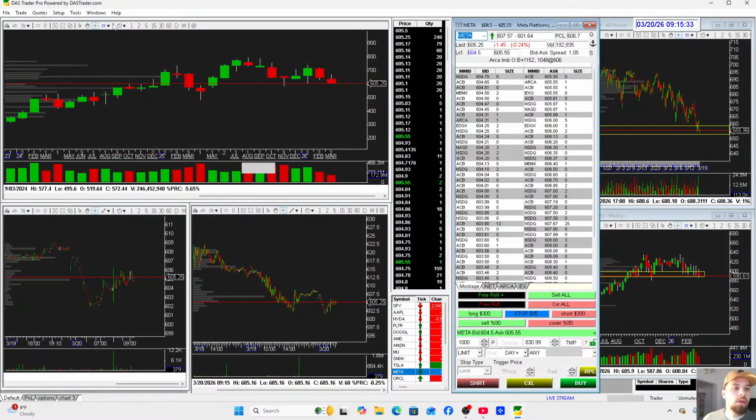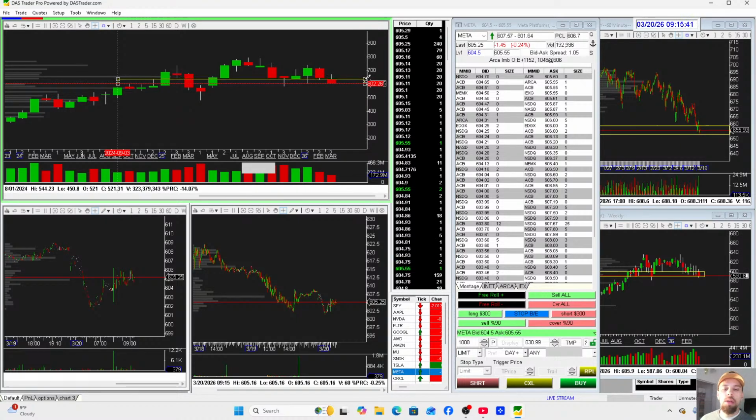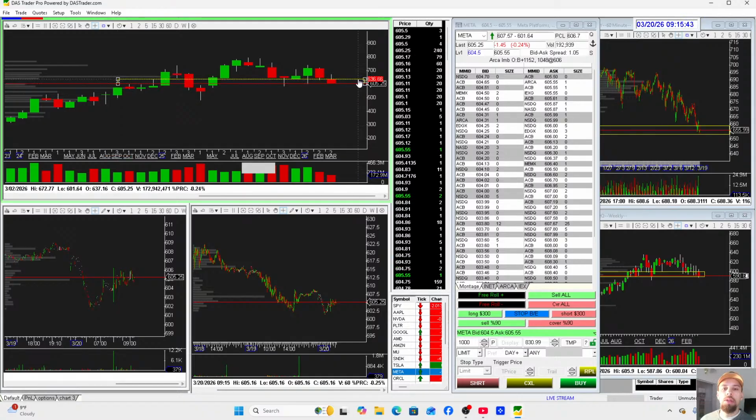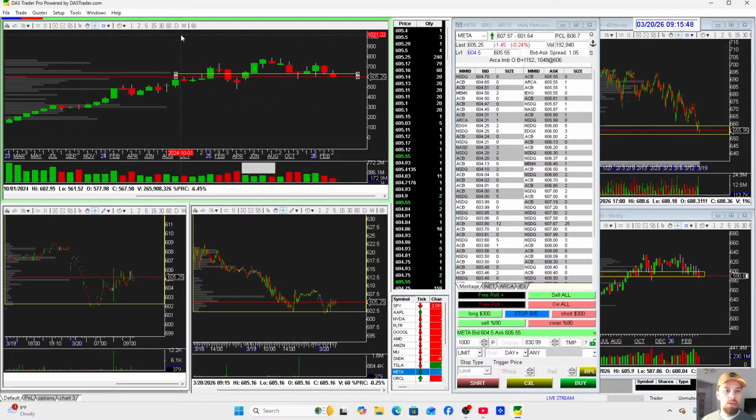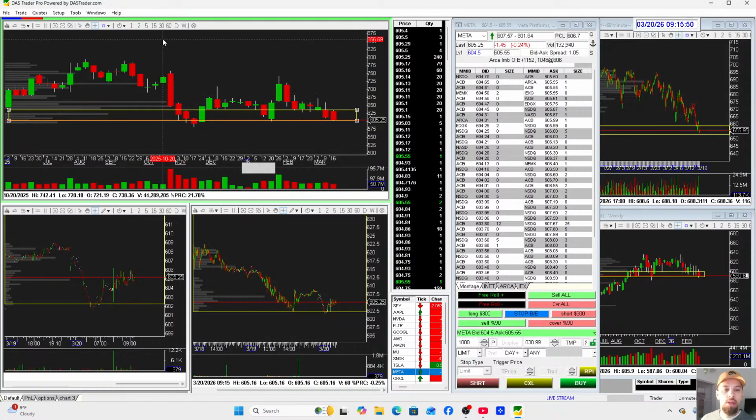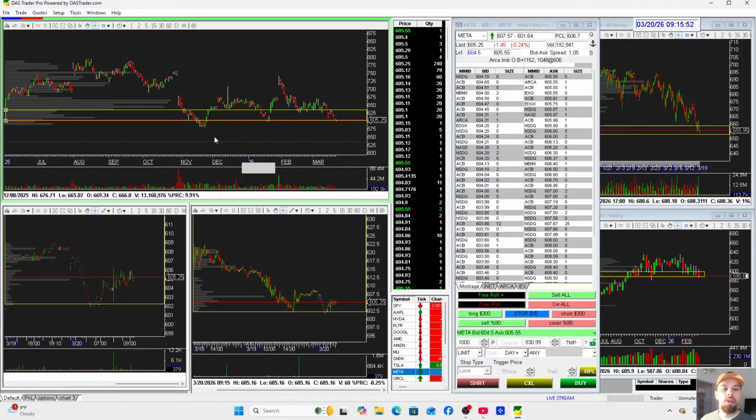Okay, monthly chart of Meta. Area support pretty much where the price is testing. 602 and then 633 being area of resistance. So a pretty significant area of support right now where the price is currently at.